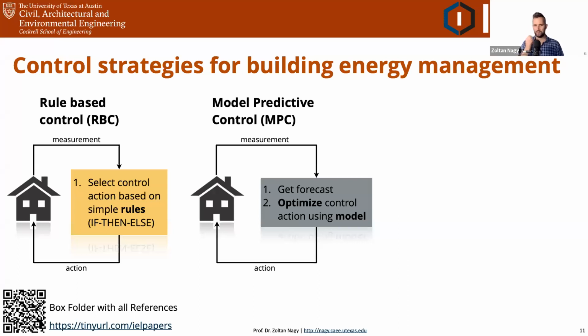When you talk about something closer to optimality, the next best choice is model predictive control. The idea here is that you know what you're controlling, so you have a model of your systems, whether it's a data-driven model or a mathematical and physical model. Typically, you would get a forecast X hours in advance, a time horizon, say 24 hours, and you would make a decision, a trajectory for your optimal control in the future.